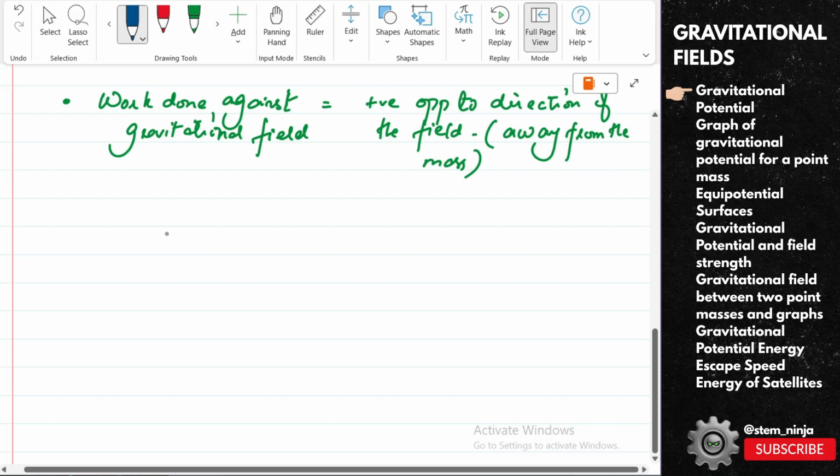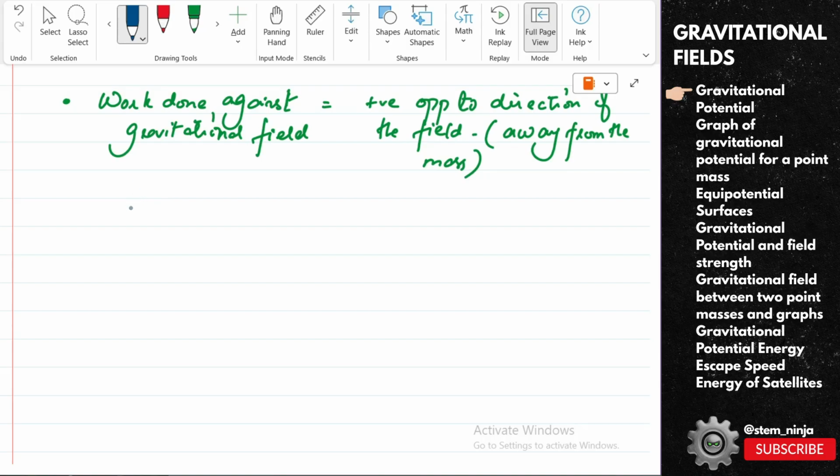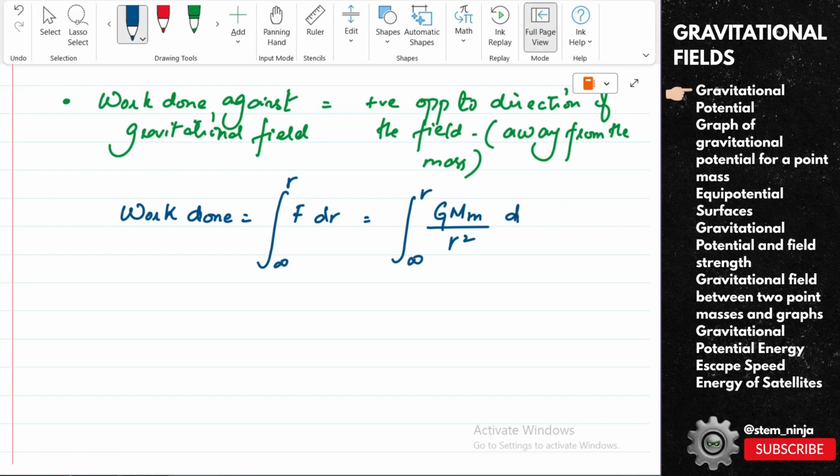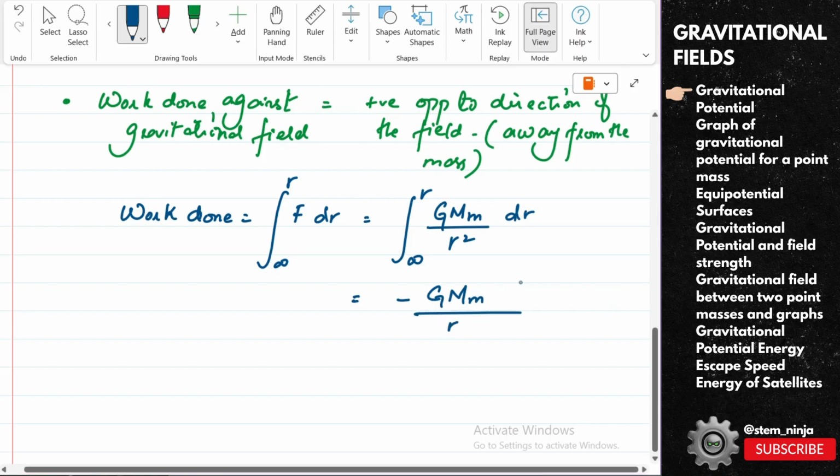Since the force is a function of the distance from the source mass, we can't just simply multiply with the displacement to get the work done. So what we can do is integrate the force from infinity to a certain point in the field. Basically we are integrating m over r squared from infinity to a point r, dr. This is a reciprocal of a square, so when we integrate this, it becomes minus m over r from infinity to a point r.